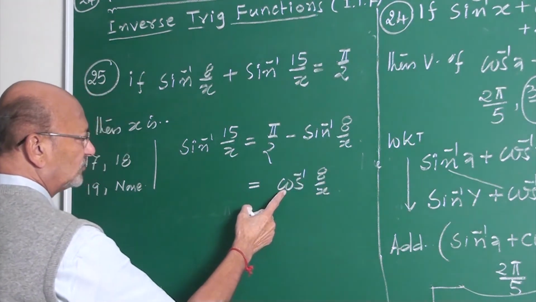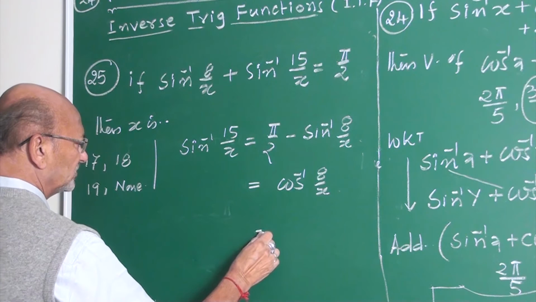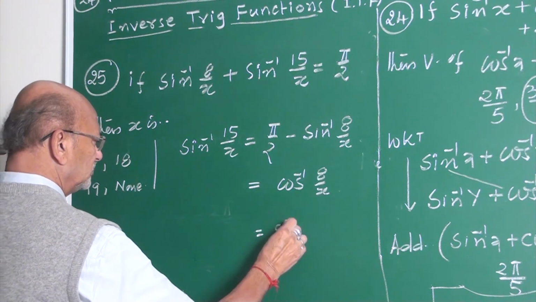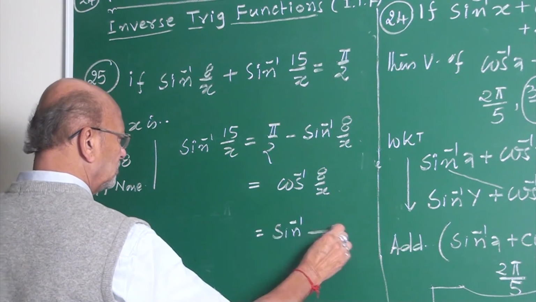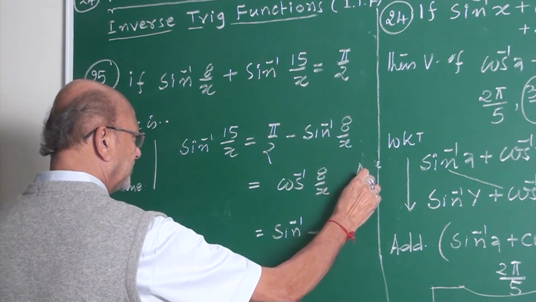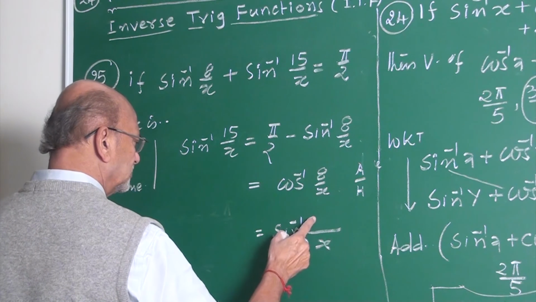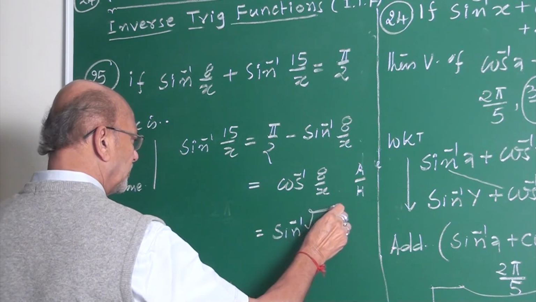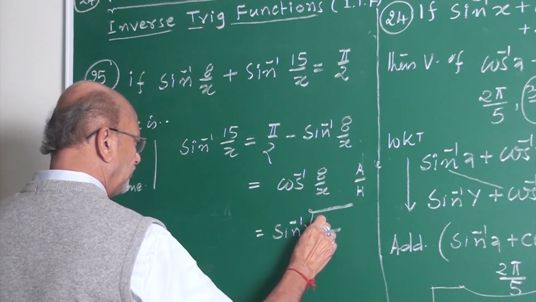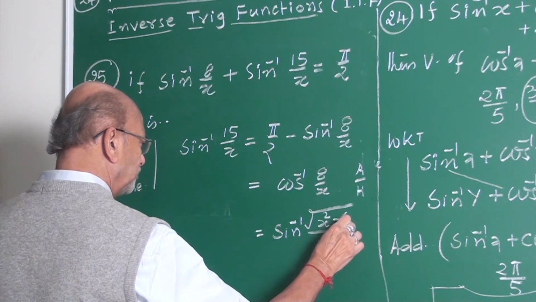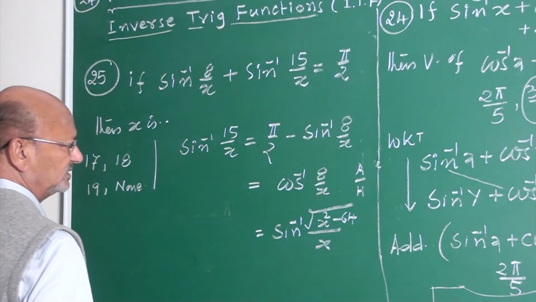Now you want to convert from cos inverse to sin inverse. Adjacent upon hypotenuse, you wanted the opposite side, it is the square root of square of hypotenuse minus square of adjacent side.